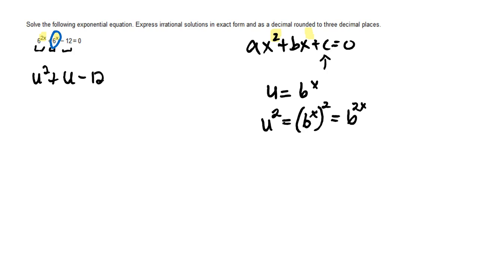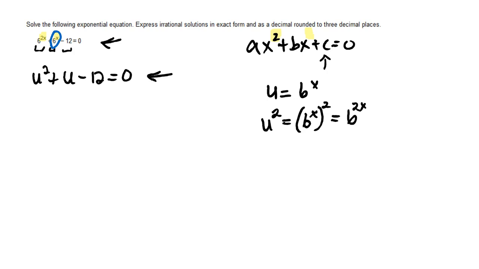We carry down the minus 12, and that transformation that happened when we did the substitution turned the equation into a quadratic. So remember I said it started out similar to a quadratic, and when we did that substitution it actually turned it into a quadratic.